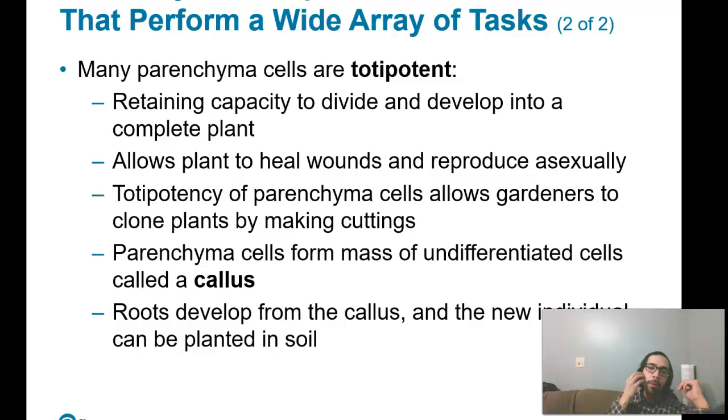The totipotency of the parenchyma cells is what allows gardeners to clone plants by making cuttings. Okay, because when the plants are cut, those parenchyma cells form a mass of undifferentiated cells called the callus. And for example, you place that callus in water or in soil, it'll start shooting roots and form a new plant.